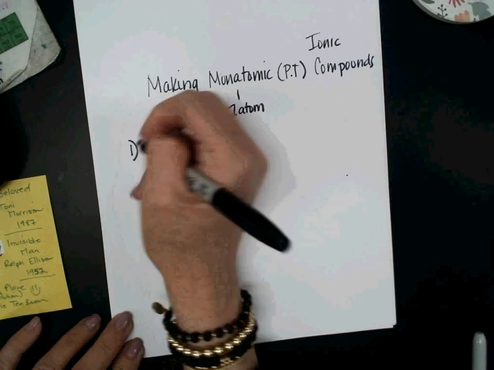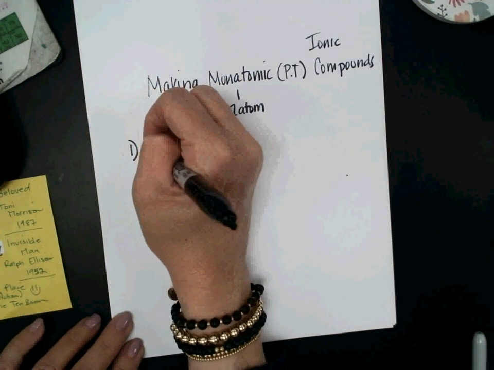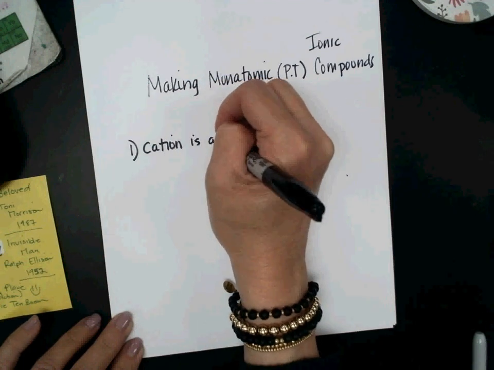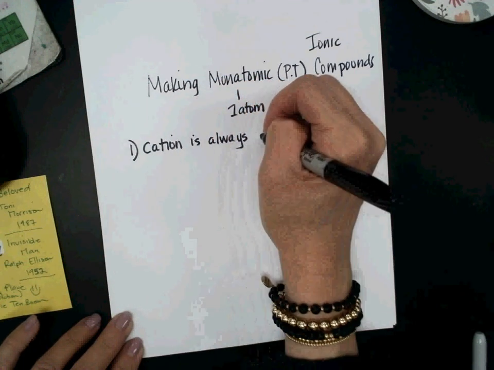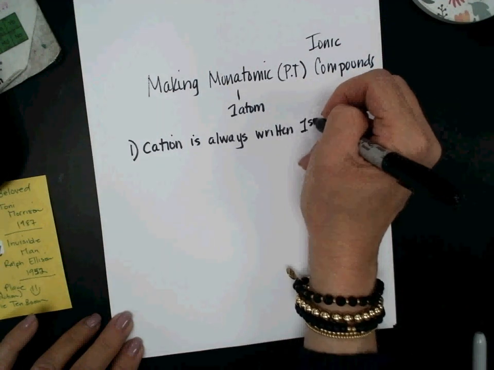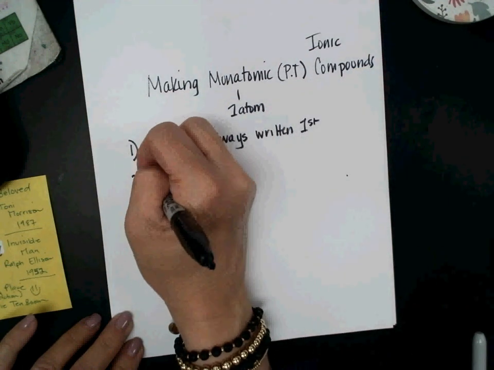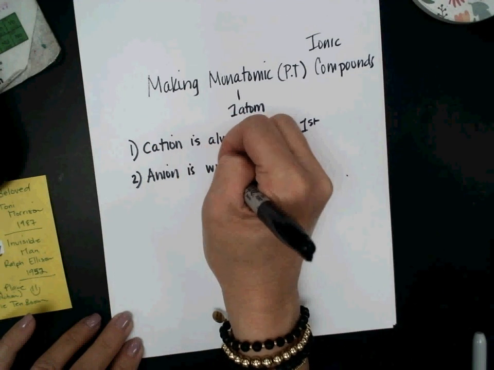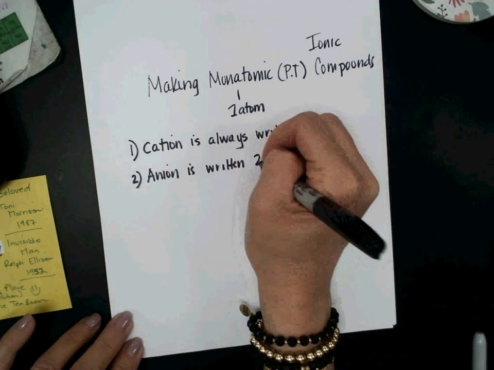Some rules to follow when you write these. The cation is always written first. The anion is written second.